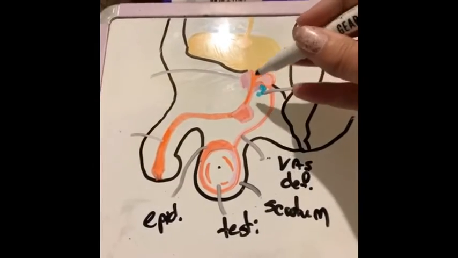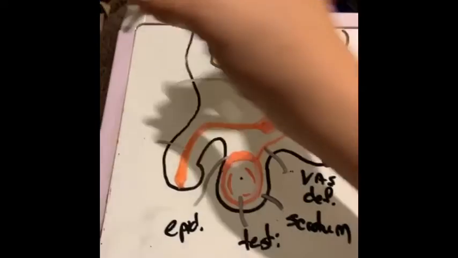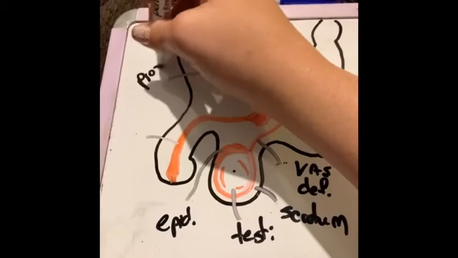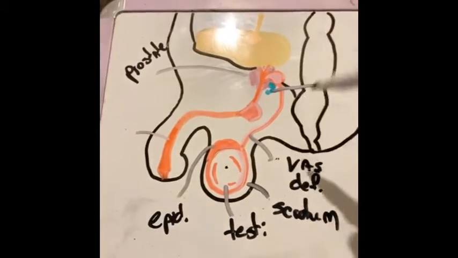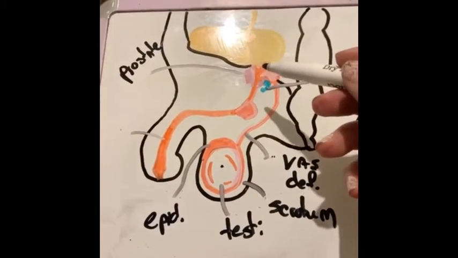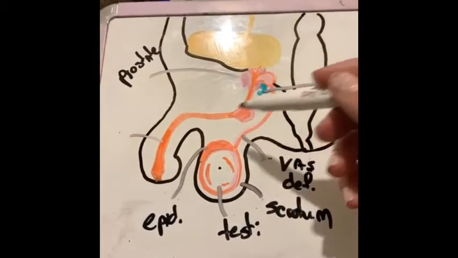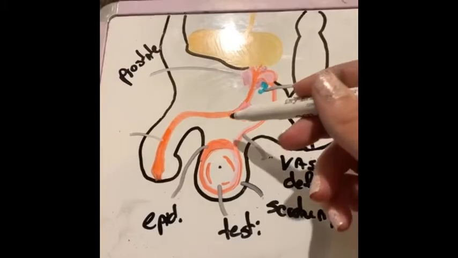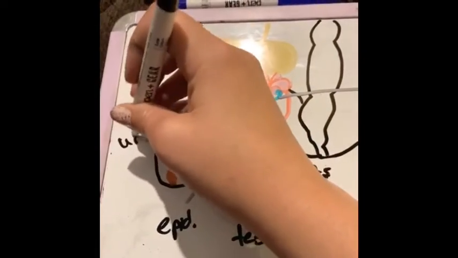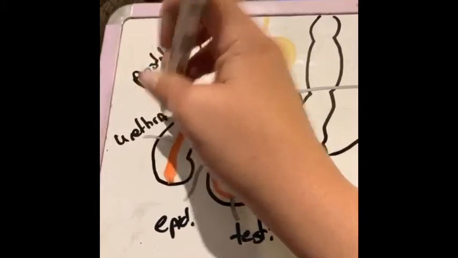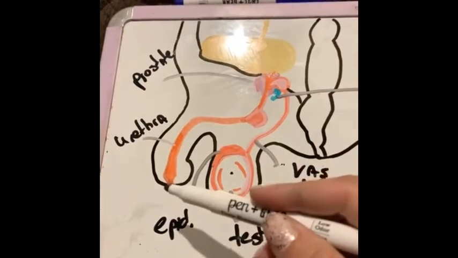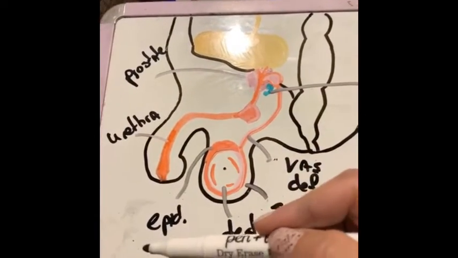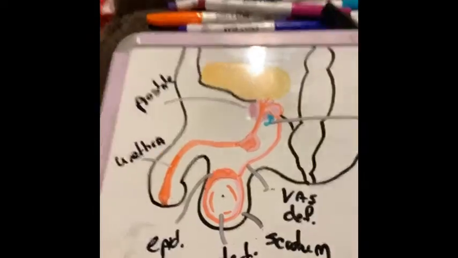And then here, this light purplish one, is our prostate gland, which again adds more fluid to what we think of as the semen. It helps liquefy the semen. It travels down the urethra and is ejaculated through the head of the penis. And so that's our male system.